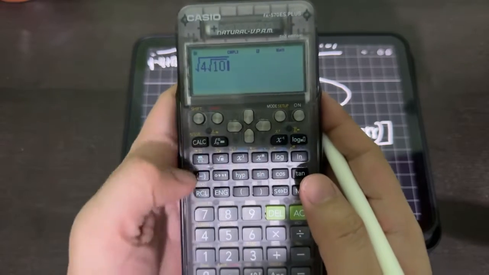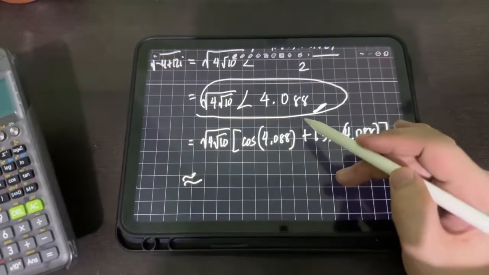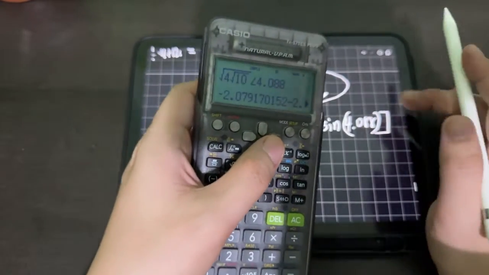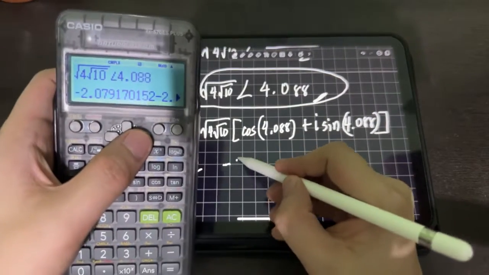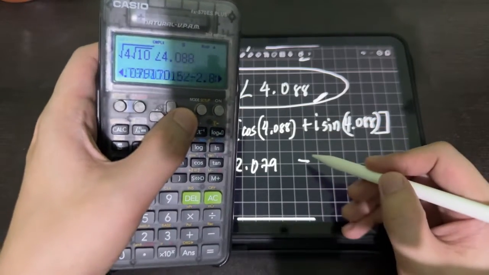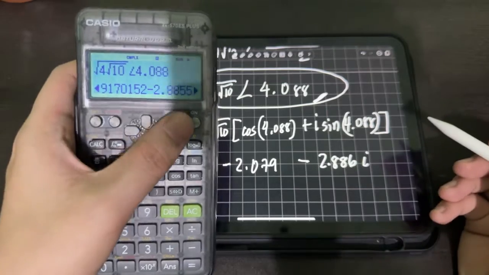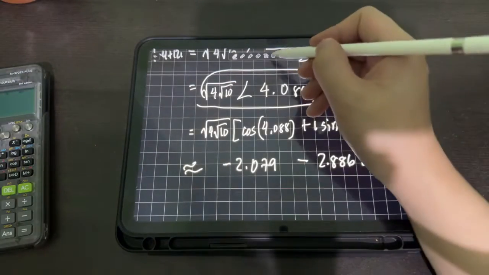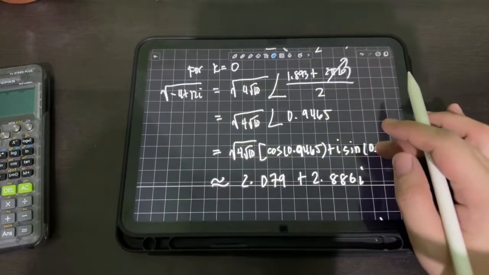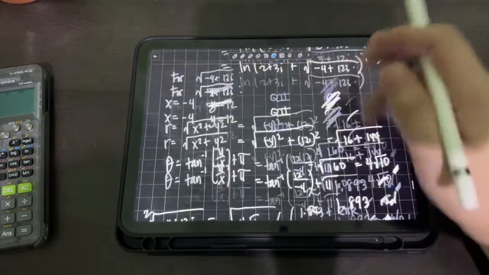And then angle of 4.088, approximately negative 2.079, then minus 2.886i. Okay? So you must substitute this again in the formula for arcsinh here.